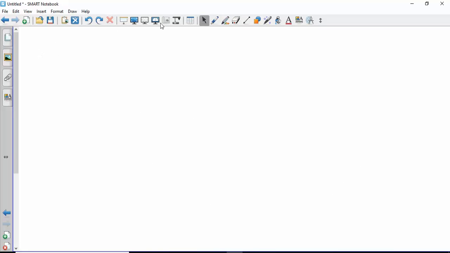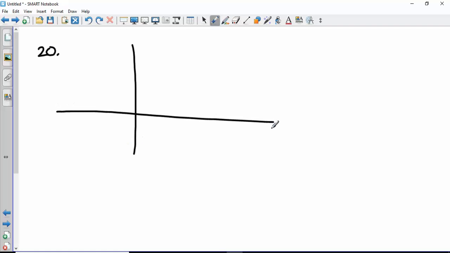All right, so problem 20. You had to graph your function, and so it looked something like this.